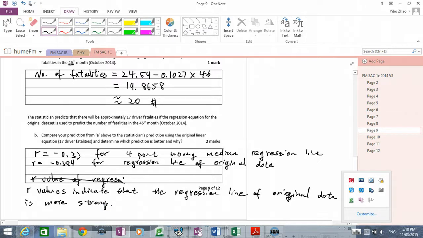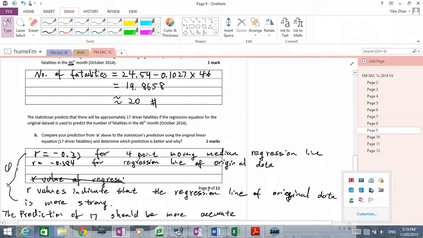So what I would say is the prediction of 17 should be more accurate. I know I write down a lot of words, but this is only for 1 mark. I'm sorry for doing this, but this is a very difficult question.